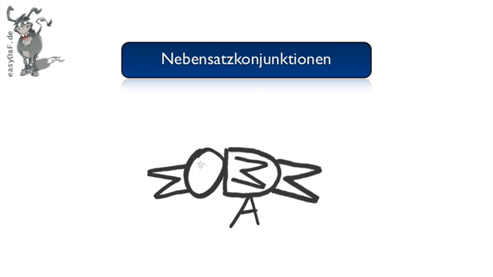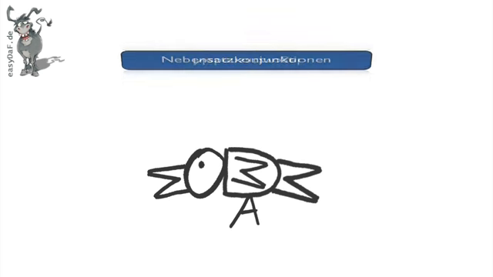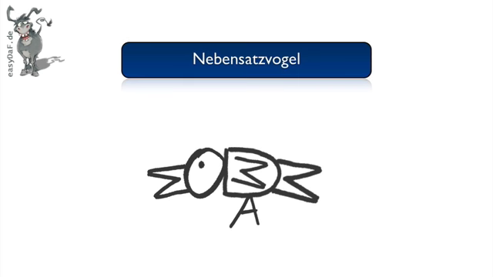I'm gonna help you a little. So now you can see it's a little bird, right? It's a nice, neat little birdie. And I call this the Nebensatzvogel. As you can read here, Nebensatzvogel, which is just subordinate clause bird. So, we are going to have a look again where the hidden subjunctions are here.